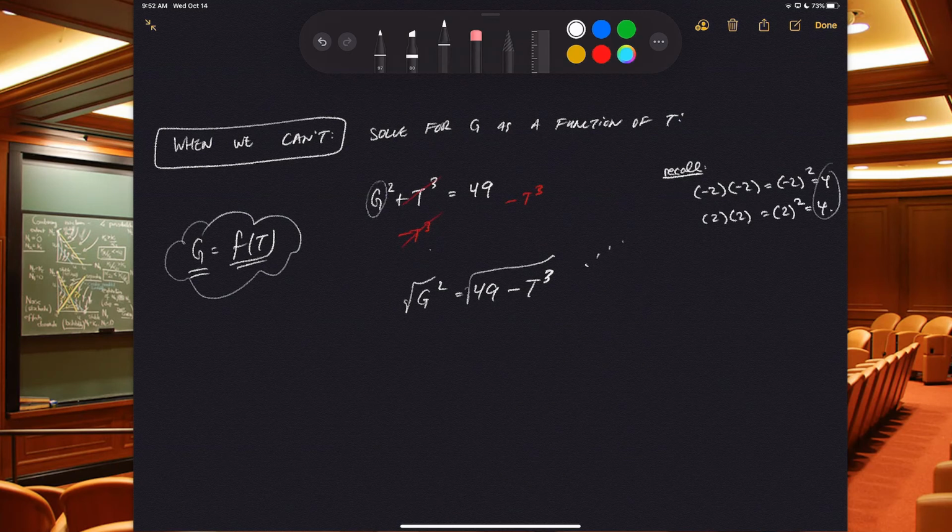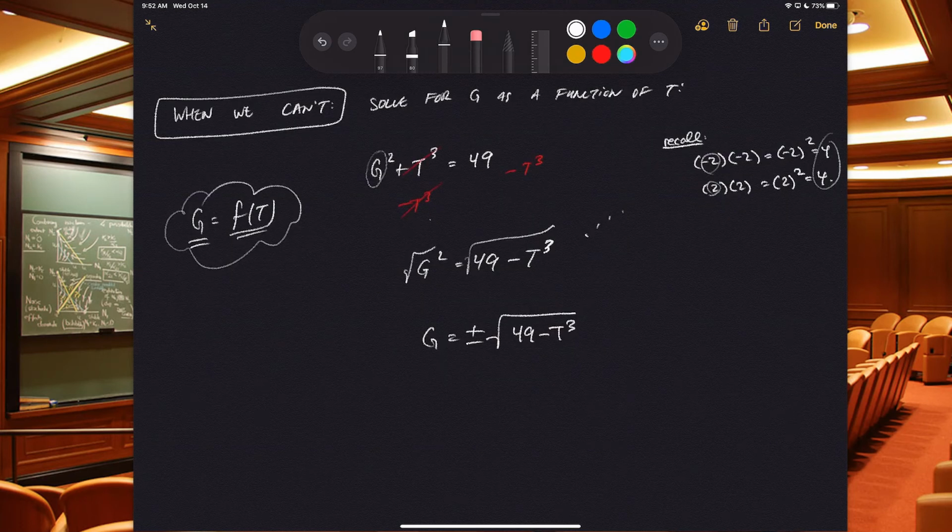When we take the square root of 4, there's actually 2 possible square roots, -2 or 2. And so what we do here is we say, well, then g is plus or minus the square root of 49 minus t cubed. Now this is really just to show you that, right, the positive root here squared would equal g squared, and the negative would do the same. They both solve the equation.